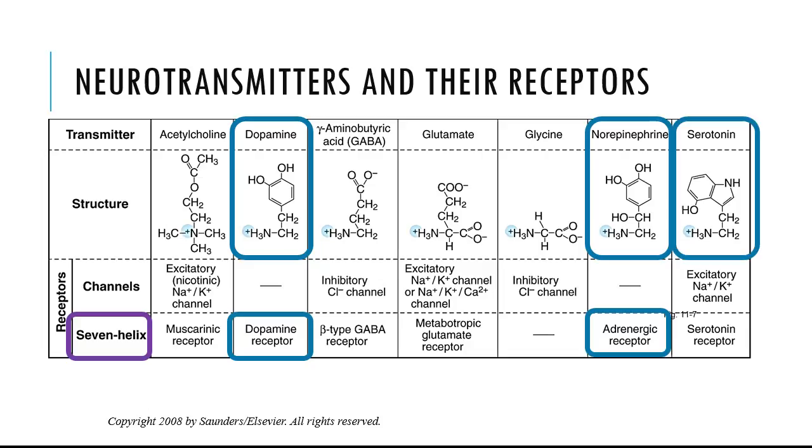Another neurotransmitter that you can talk about is called serotonin. It's an amine-based neurotransmitter, and it can bind to how many classes of receptors? Two. Some serotonin receptors are what? Channels.